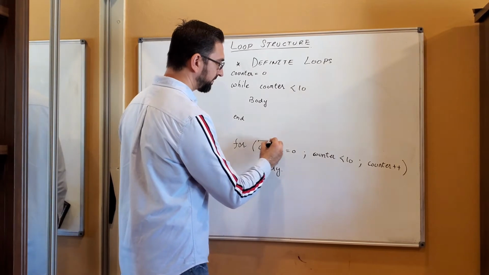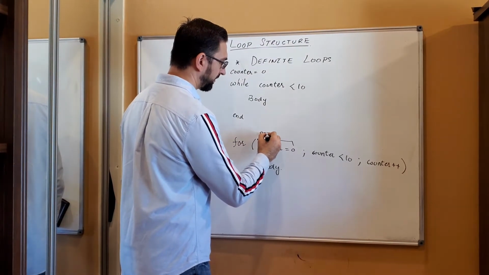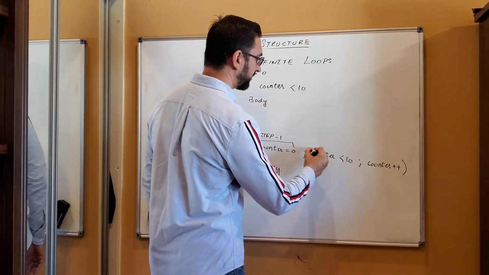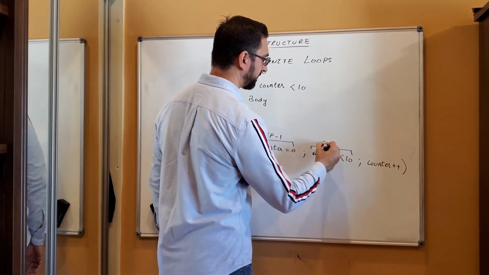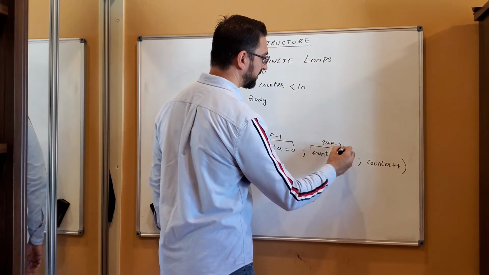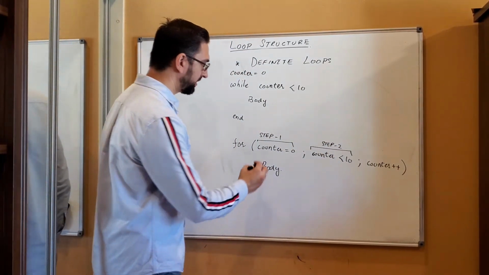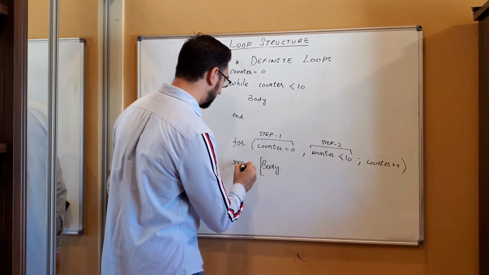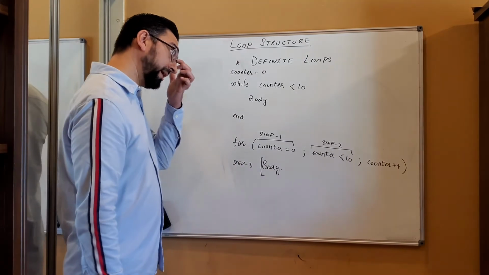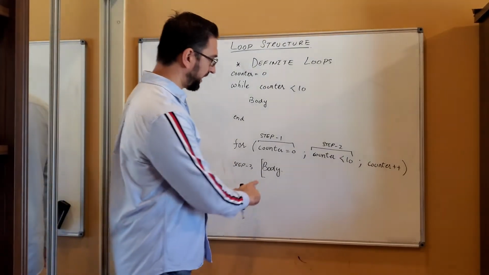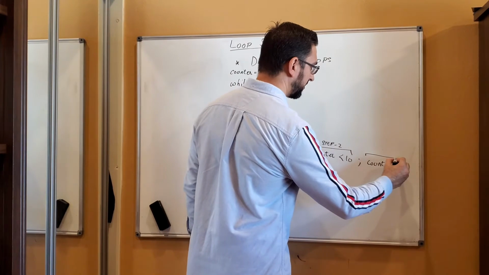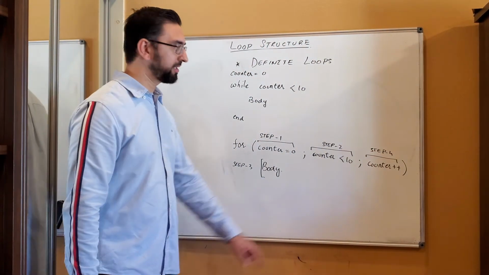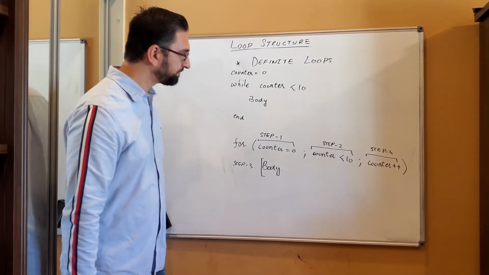Step number 1, the counter is initialized. Step number 2, the condition is checked. Step number 3 is when the body is executed, and once the body is executed, step 4 is when the counter is either incremented or decremented.